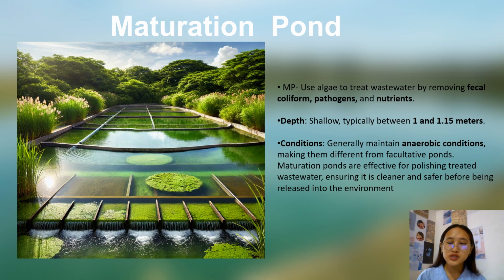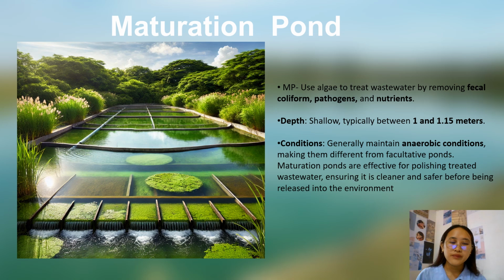This pond supports the final oxygenation of water, which helps to improve its quality before it is discharged into the environment, right? In comparison with the other pond types, the characteristics of a maturation pond include a depth range of 1 to 1.15 meters, which makes it shallower than the anaerobic and facultative, but not aerobic.